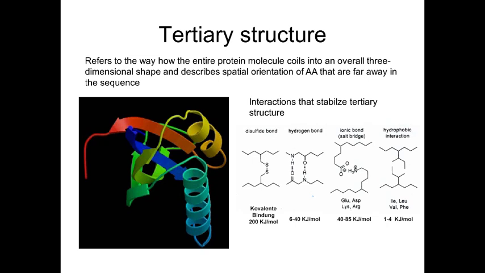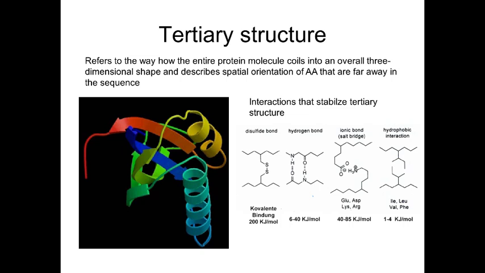In the secondary structure, you have seen how amino acids that are very close to each other orient in three-dimensional space. However, the tertiary structure tells you how the entire polypeptide chain folds into a three-dimensional geometry. And this geometry somehow needs to be fixed in space.